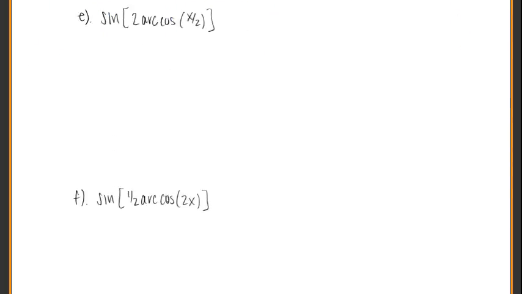So here's E. The difference with E from what we're used to seeing before is this 2 sitting right there. Normally we see just sine arc cosine, or cosine arc cosine. Now I have a 2 in front. Well, do you remember a formula that says what to do when your angle is like sine of 2 theta?